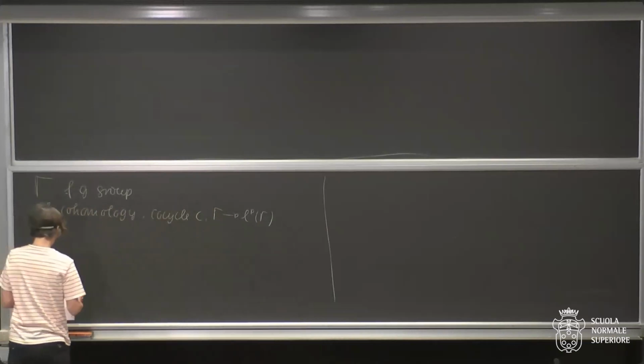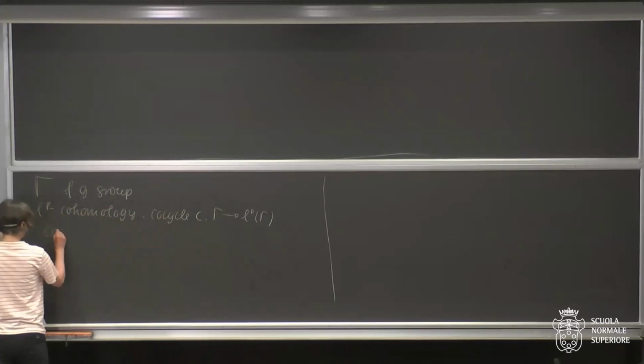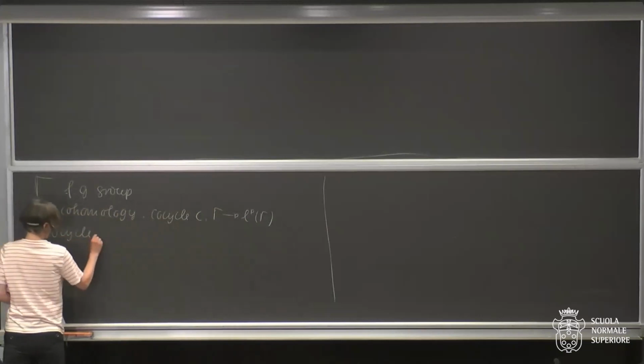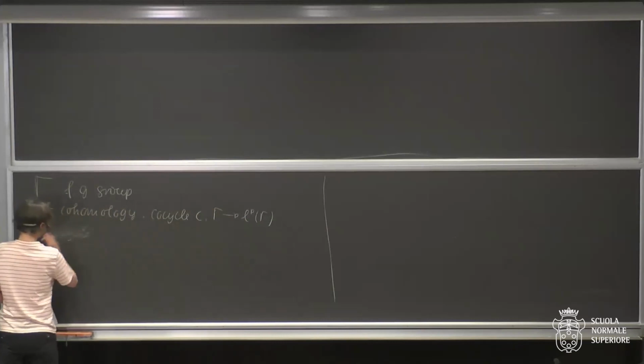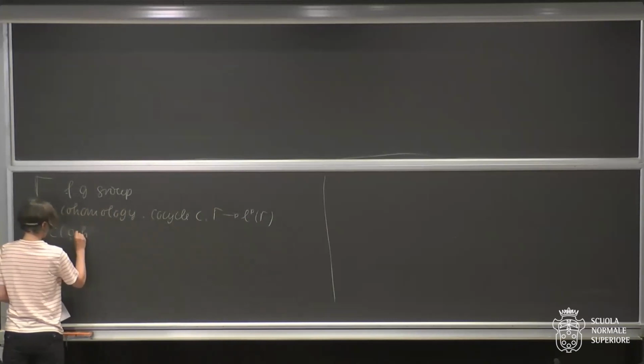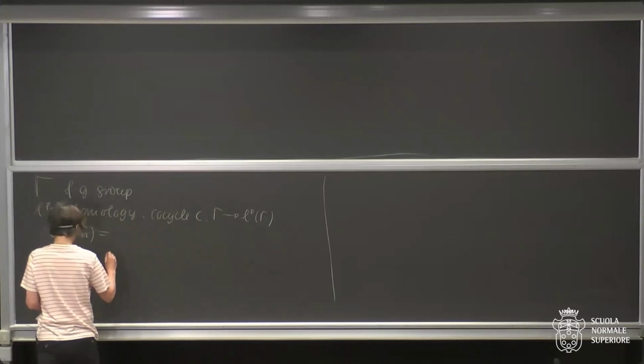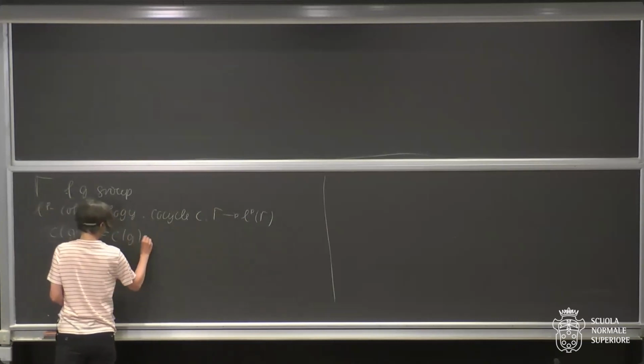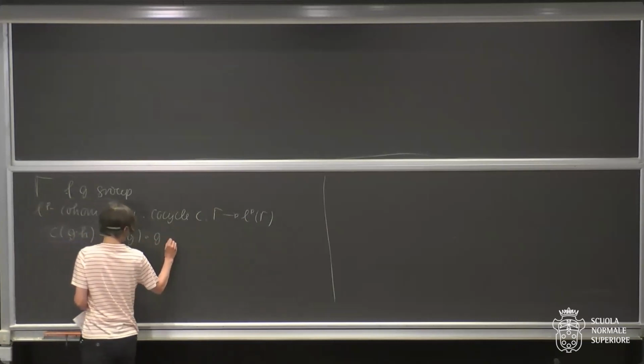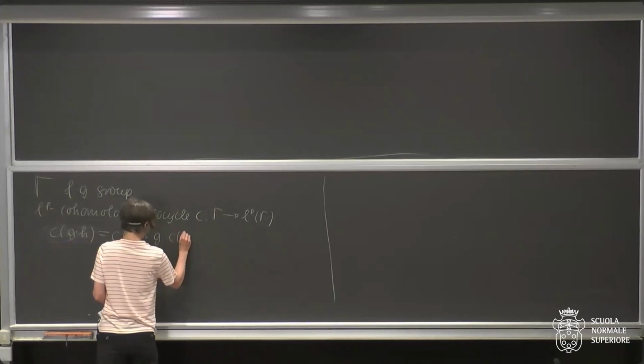Now, a cocycle has the following property, which I wrote down already: c of g times h. So we have group multiplication, and this is supposed to be equal to c of g plus g multiplied with c of h.